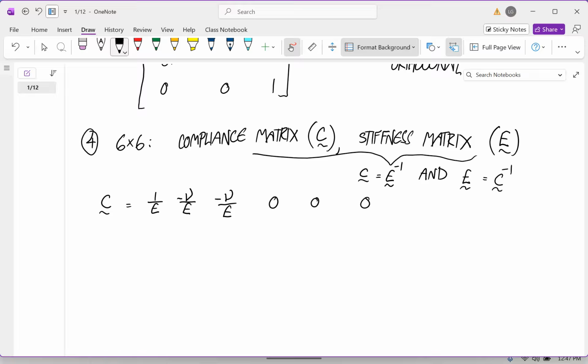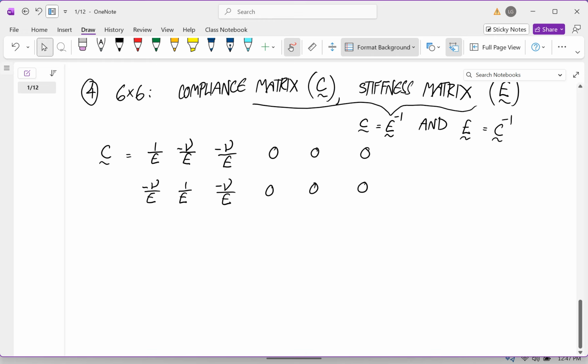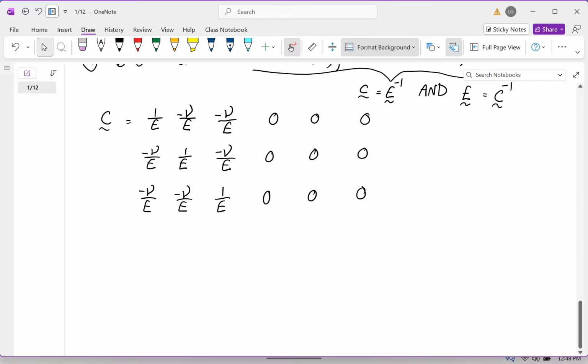The next row, we have negative nu over E, 1 over E, negative nu over E, 0, 0, 0. The next one, we have negative nu over E, negative nu over E, 1 over E, 0, 0, 0. So you can see that 1 over E just keeps creeping along there. We're half done with the matrix now.